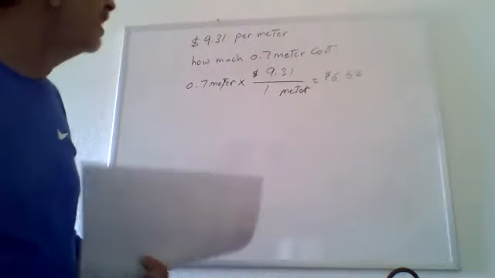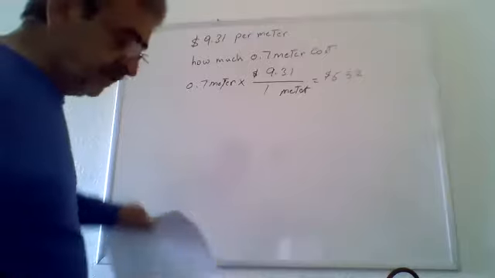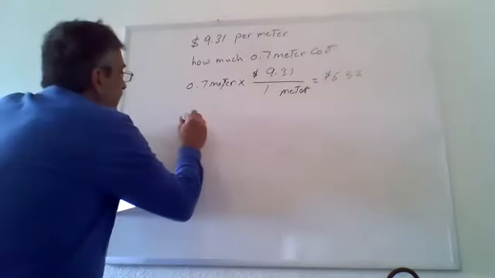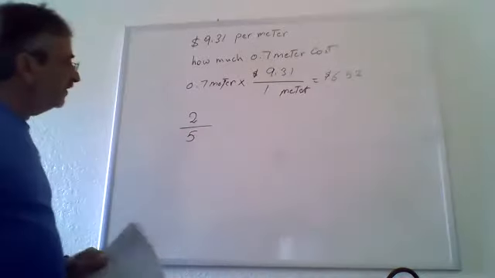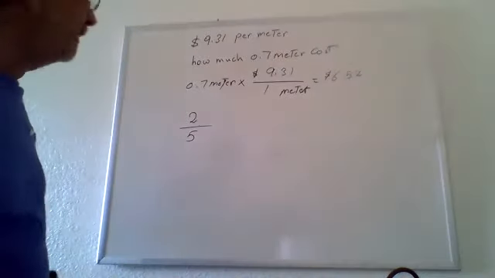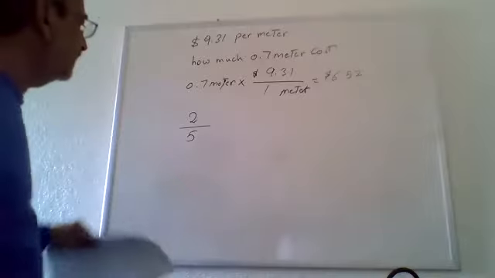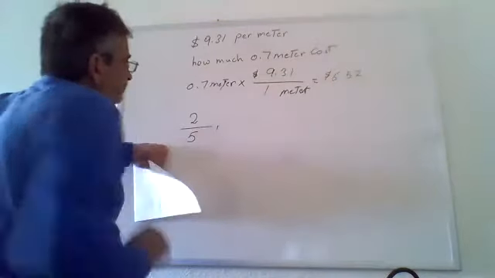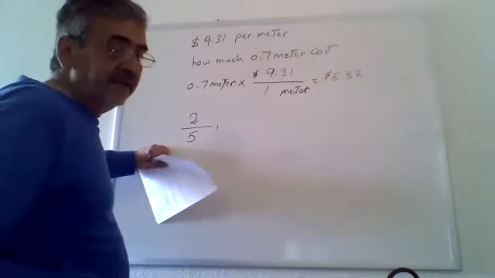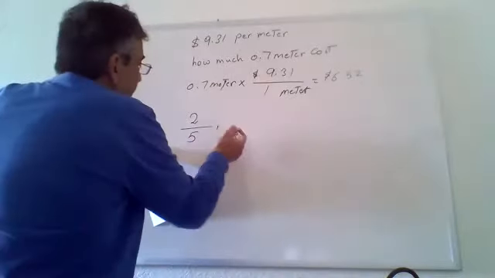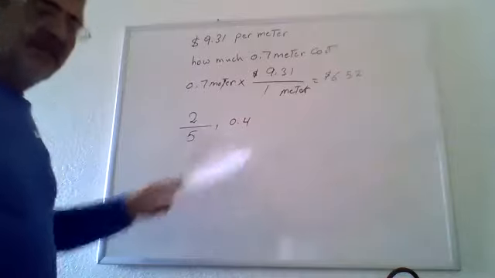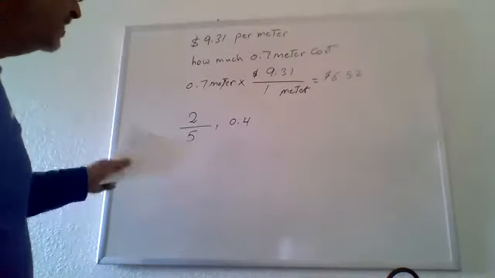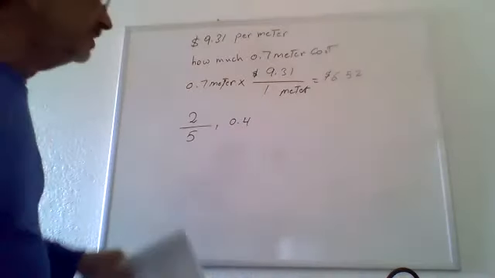Okay. One easy question probably on the test says convert the following to decimal. So how do I convert it to decimal? Just go ahead and divide. So 2 divided by 5 is 0.4. So that's converting it to decimal. And it also said convert it to percent.